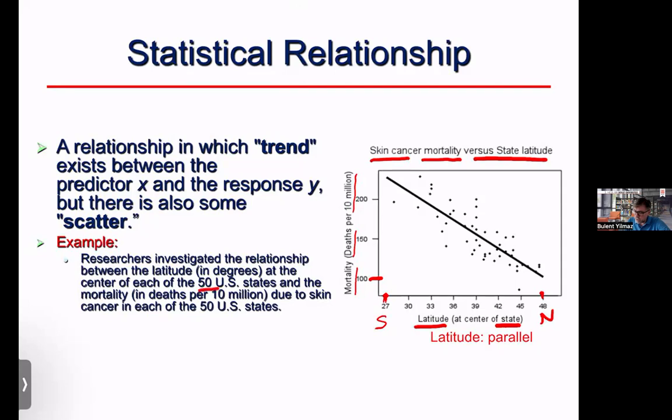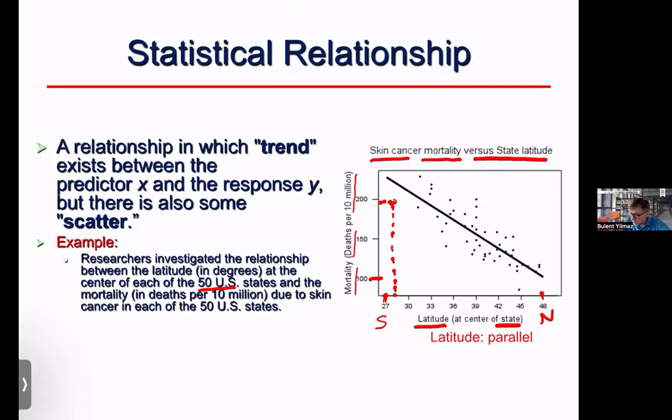You see 50 states in the US. And then you can see, for example, one of the states has latitude, parallel, enlem, and the amount of people who die in 10 million population, it's around 200, okay?